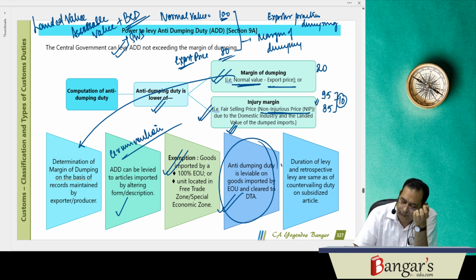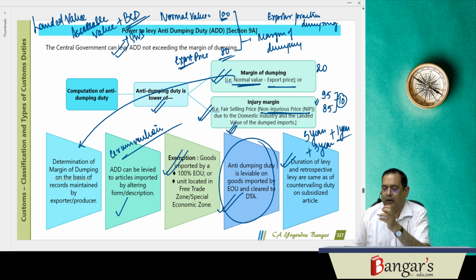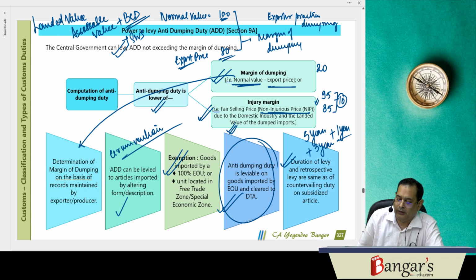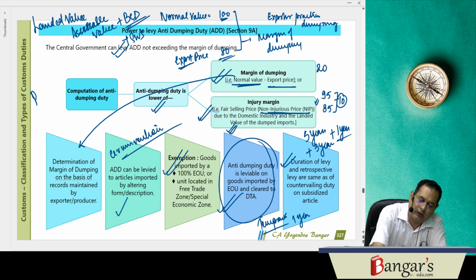Then the duration of levy is 5 years. The same can be extended further for a period of 5 years. If the review does not come to a conclusion, it will remain in force for a period of 1 year. And it can also be temporarily revoked for a period not exceeding 1 year. Then provisional duty is also levied.